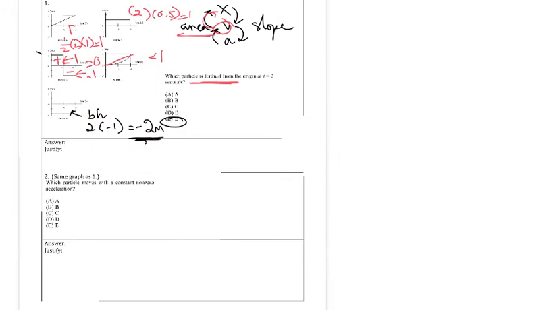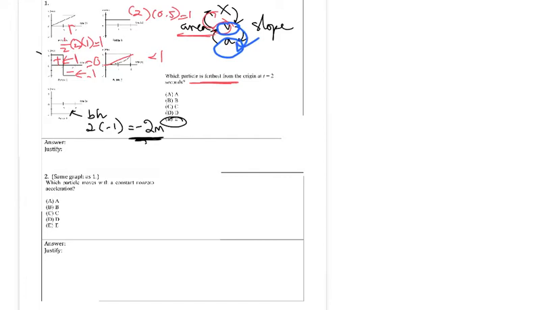Alright, so number 2 is asking us about the same graphs as we had in number 1, and it's asking which particle moves with a constant non-zero acceleration. We should know that in general, if we have a velocity graph, which we do, and we are wondering about acceleration, we use slope.